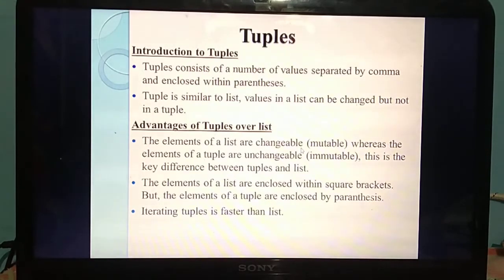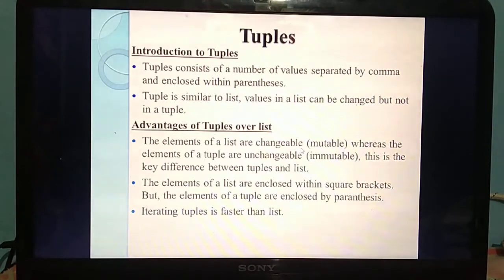If they ask for differentiation between list and tuples, you can write this answer in a tabular column. The first point: the elements in a list can be changed, but the elements in a tuple can't be changed. So we call it changeable or mutable, and here unchangeable or immutable. This is the first difference between tuple and list.